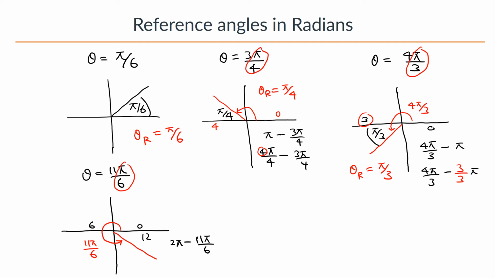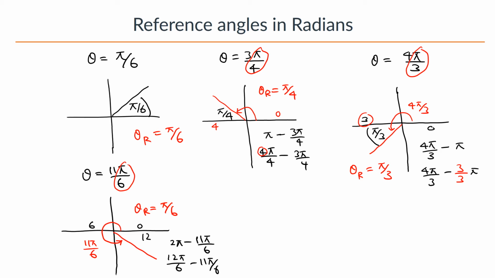To take the common denominator, we multiply by 6 on both. So it's going to be 12 pi over 6 minus 11 pi over 6, and you can see that this is 1 pi over 6. So in this case, again, you get theta r, which is simply pi over 6. Okay, so that's very clear. Why do we have 0, 6, 12? Because 12 minus 11 is 1.